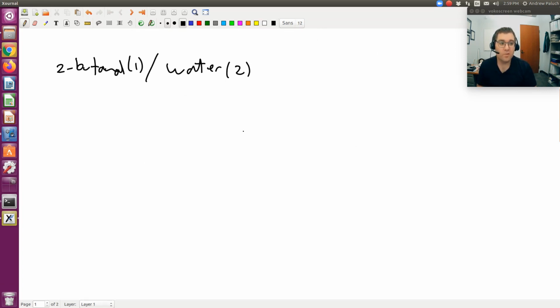So when I have partially miscible systems, you should expect that they are going to form a minimum boiling azeotrope, forming from unfavorable cross interactions between 2-butanol and water, which leads to that partial miscibility.